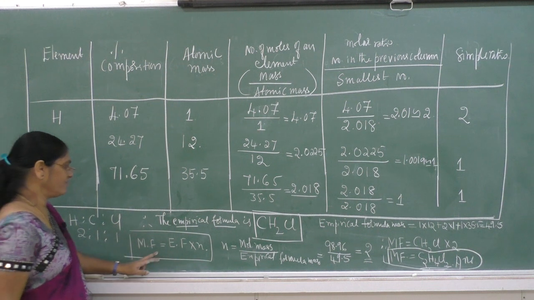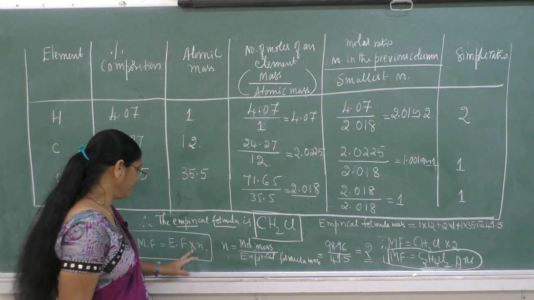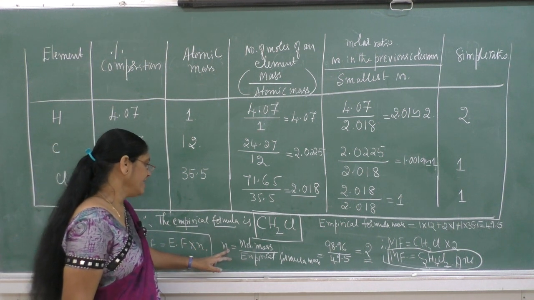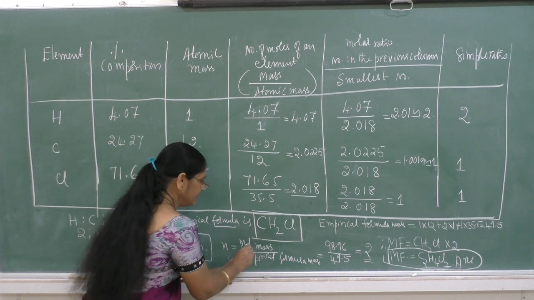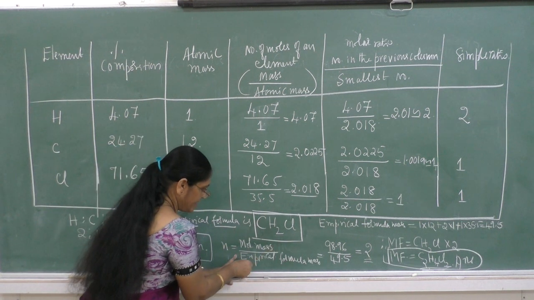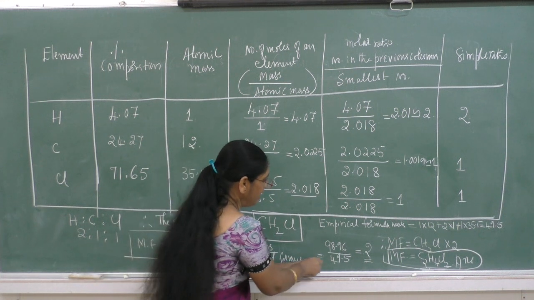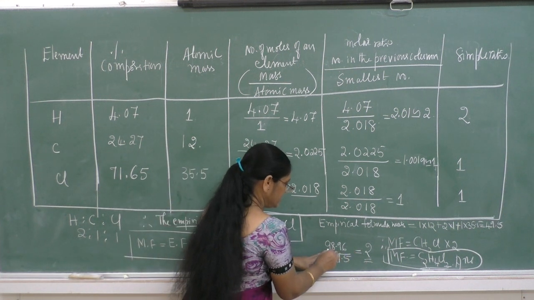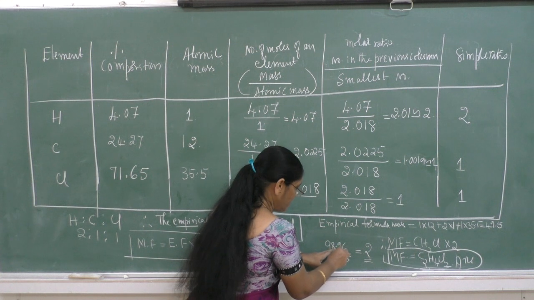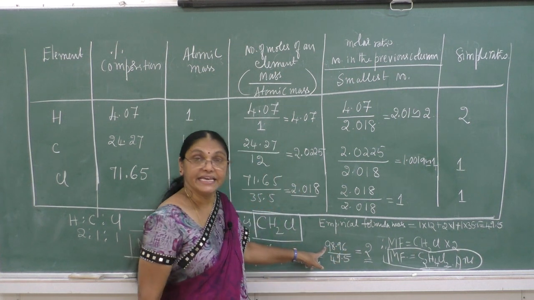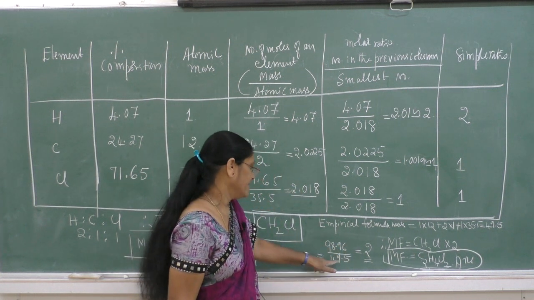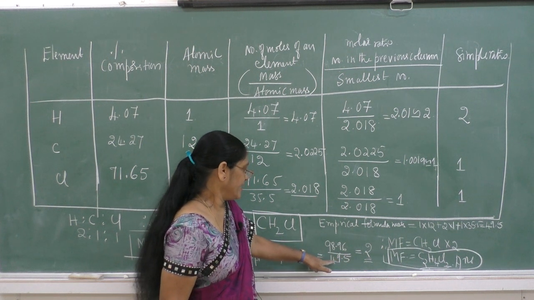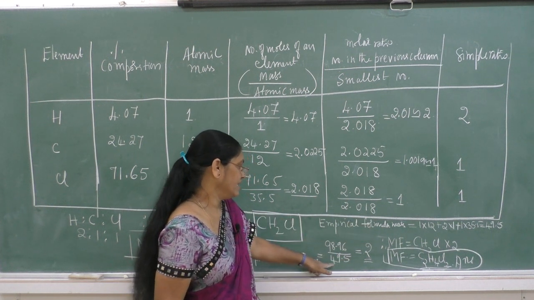Then calculate the value of n using this relationship. The molecular formula is equal to the empirical formula into n, or n is equal to molecular mass divided by empirical formula mass. Molecular mass is equal to 98.96, that is given in the problem. Then 49.5 is the empirical formula mass.